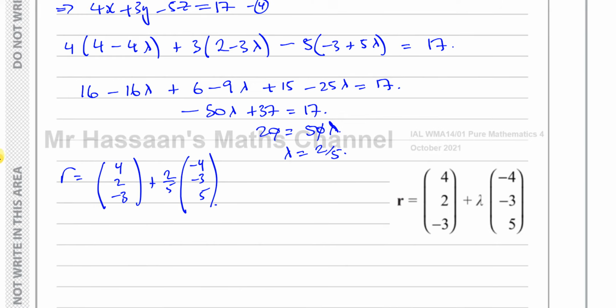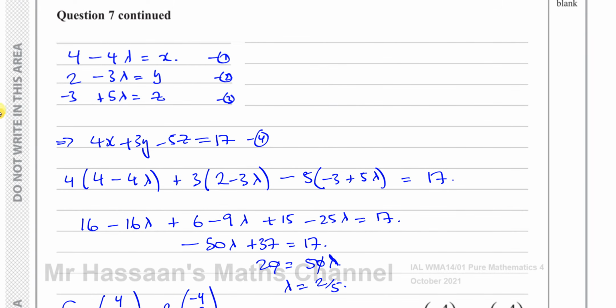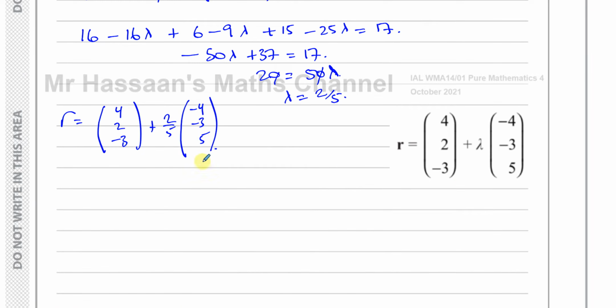I could have actually just also put lambda in here and find x, y, and z. Same thing. So you have r equals 4 plus 2/5 times minus 4. So 4 plus, that's going to be minus 4 over 5. I'll just work that out in a minute.